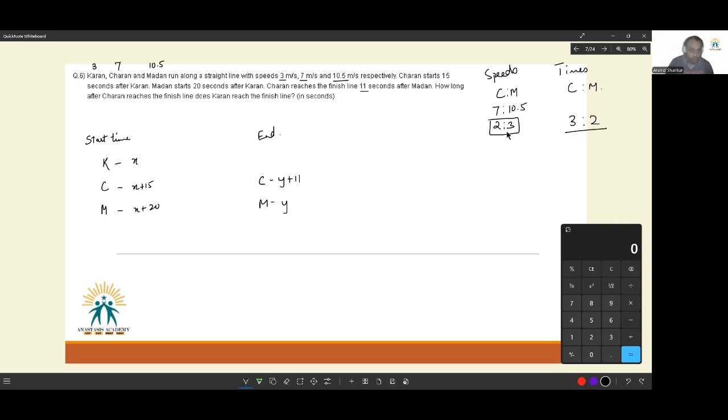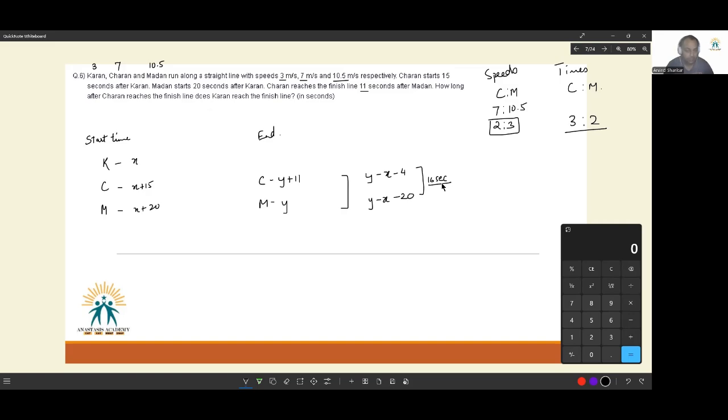Now, in terms of time taken, can you see the difference in their times? Time taken by Charan is Y minus X minus 4, and time taken by Madan is Y minus X minus 20. The difference in their times is 16 seconds.